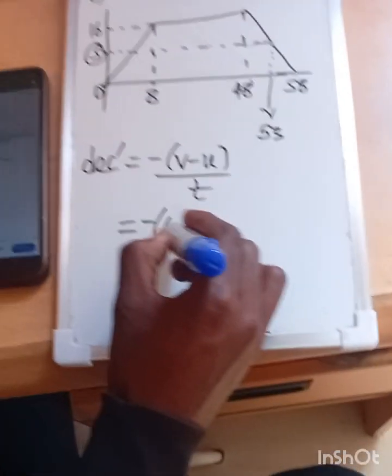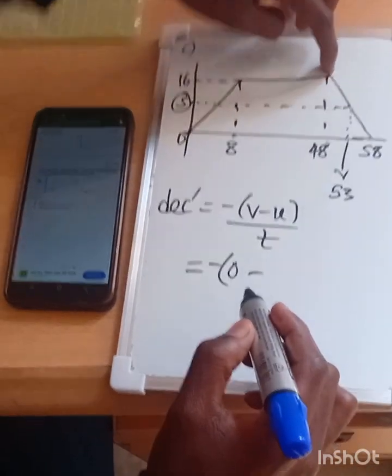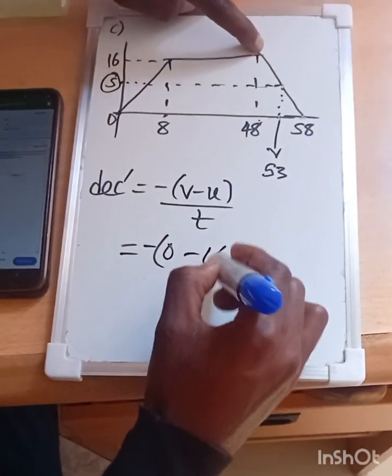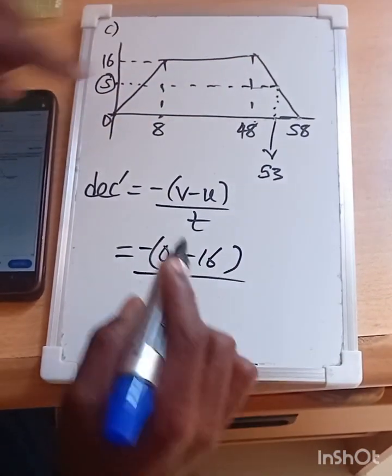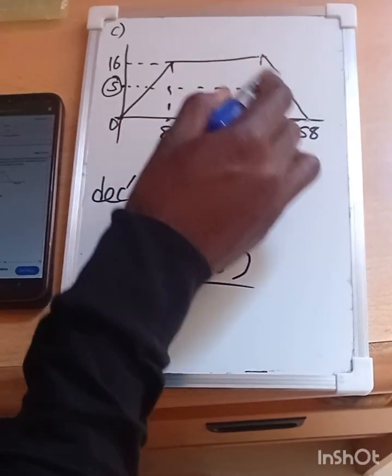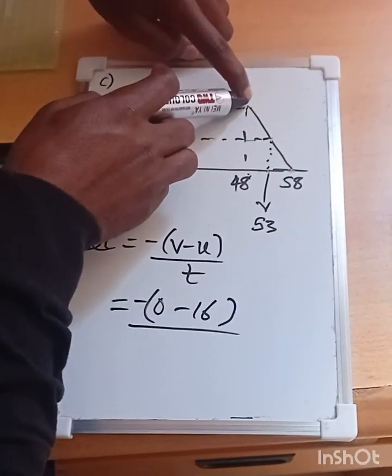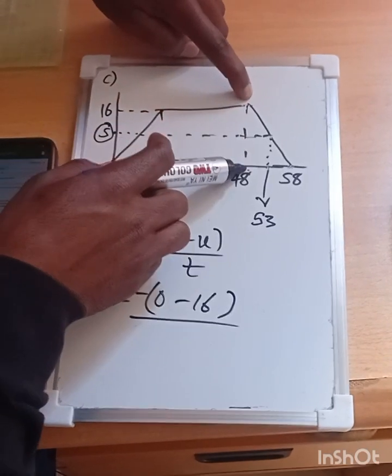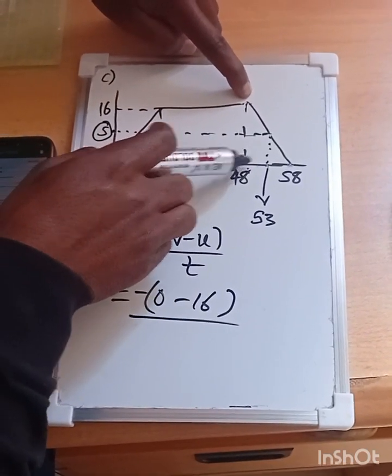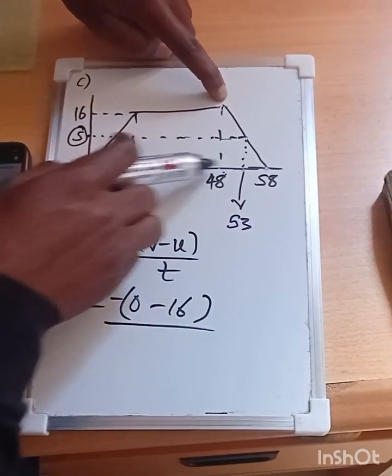So final is 0, initial was 16 at the start here. The time it took: here we have 16 initial speed, you come down, it brings you to 48, then 48 to 58 is the time between these points.